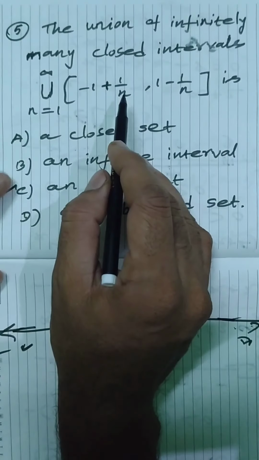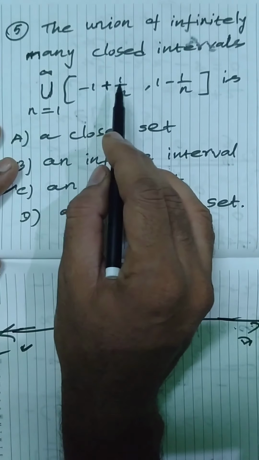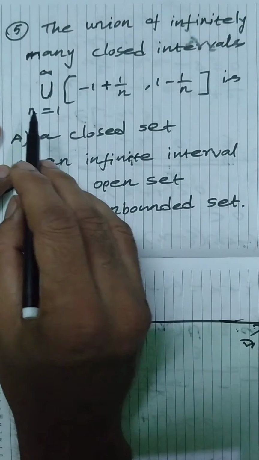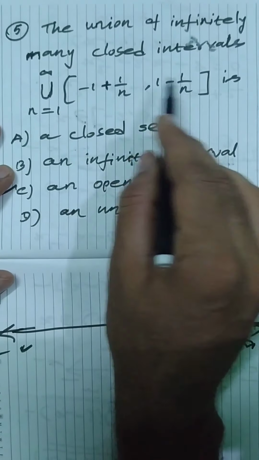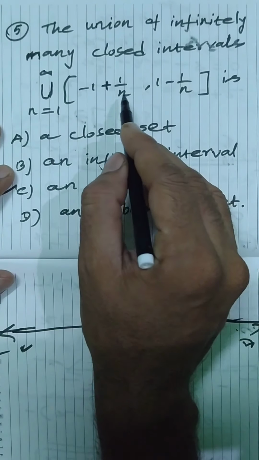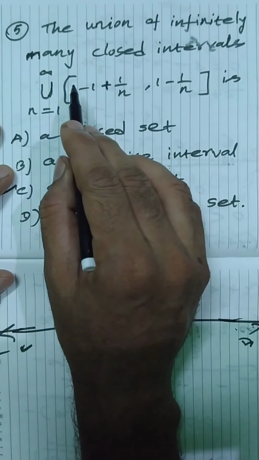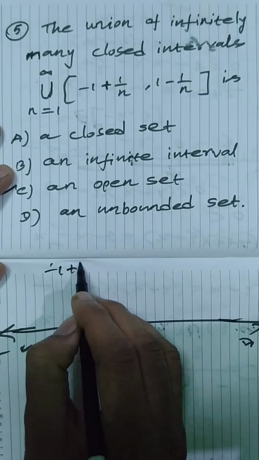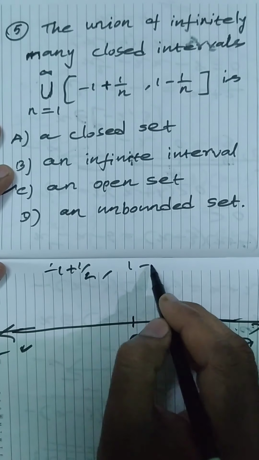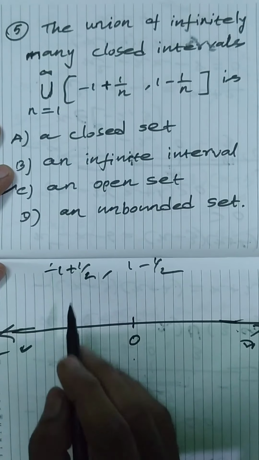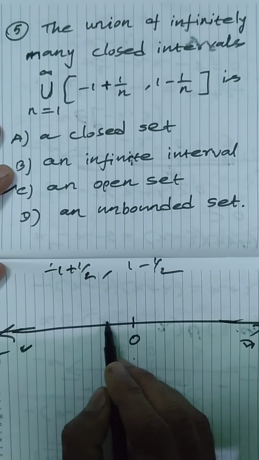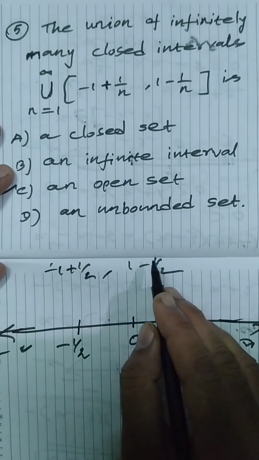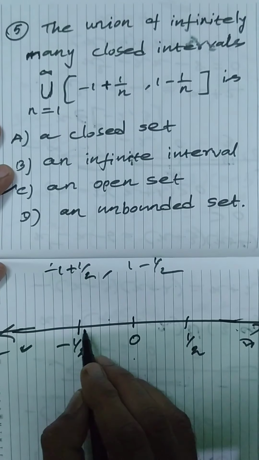So when n equal to 1, it is 0, a singleton. When we give n equal to 1, we get 0, the closed interval 0. Next, when we give n equal to 2, we are getting minus 1 plus 1 by 2, 1 minus 1 by 2, so minus 1 by 2 and plus 1 by 2; let me mark it here.